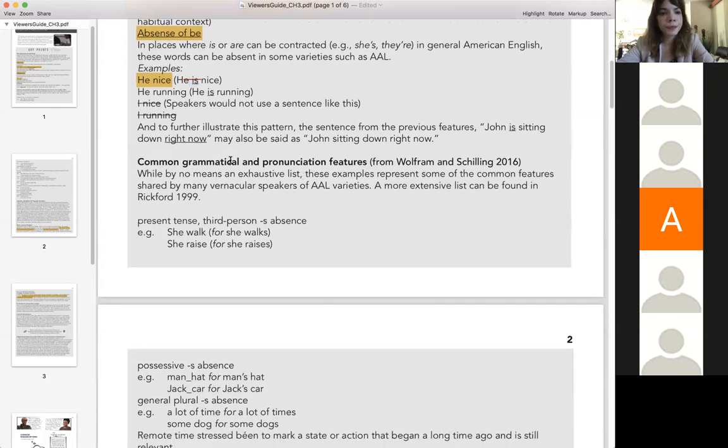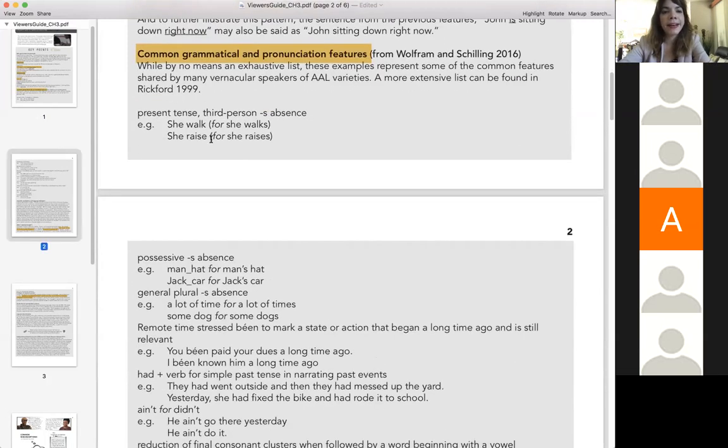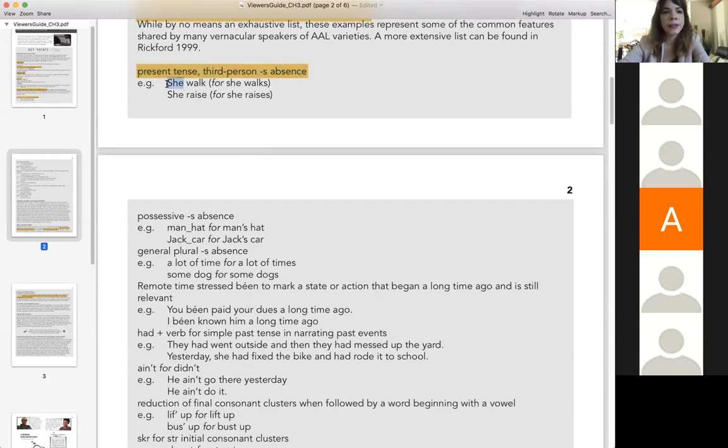So other common grammatical and pronunciation features in African American English include the present tense. So presente, third person S absence. So they also get rid of their S's. So third person singular, she, he.